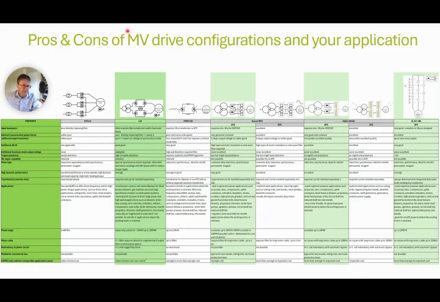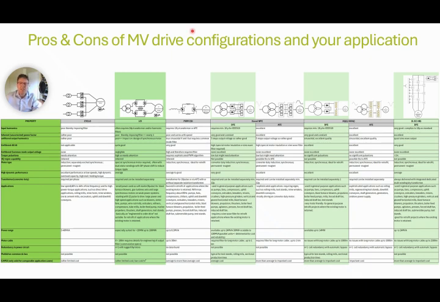So, let's start with the input harmonics generated by the investigated drive configuration. First in row are the Cycloconverter and the load commutated inverter, respectively CCV and LCI. They require transformers and filters to cope with the significant harmonic distortion that they generate.